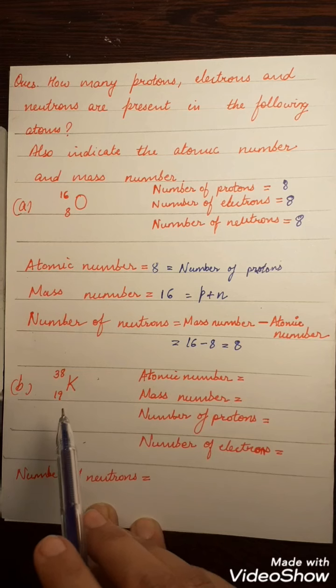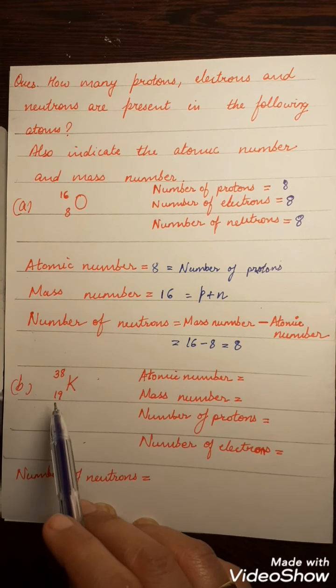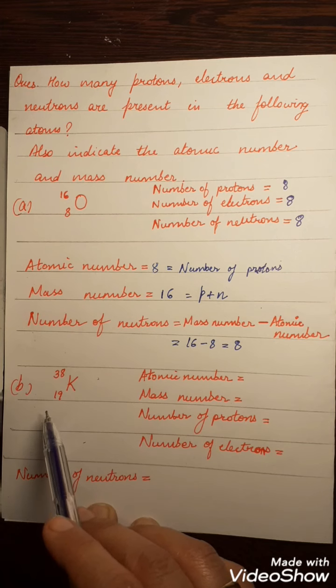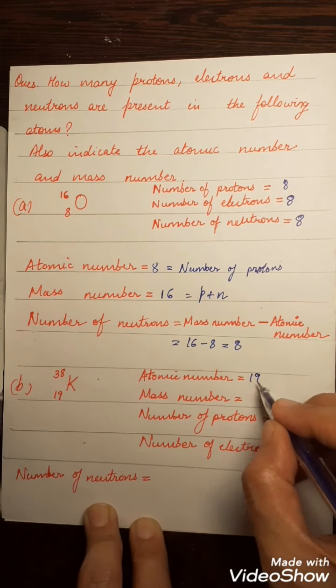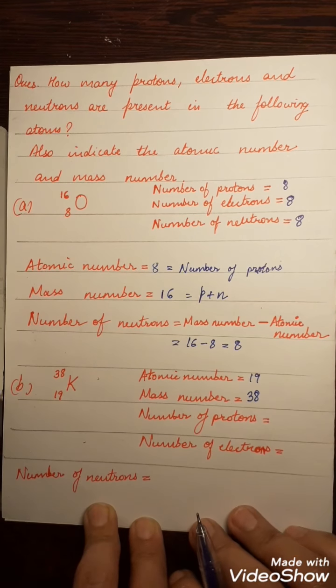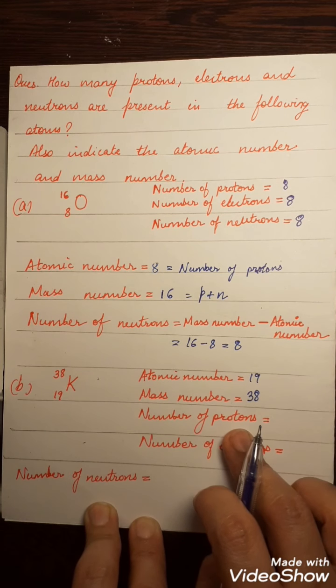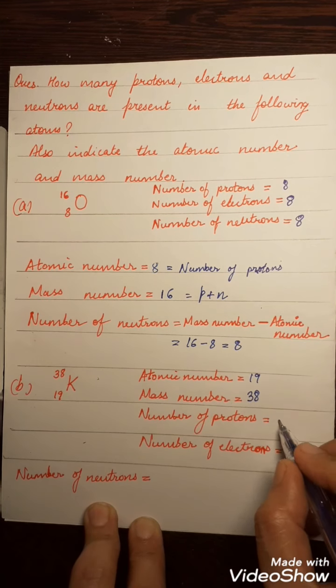Okay. Now the second is potassium, 38 and 19. Atomic number will be the subscript. So atomic number is 19, mass number is the superscript, that is 38. So number of the protons, I know atomic number equals to number of protons. So it will be 19.